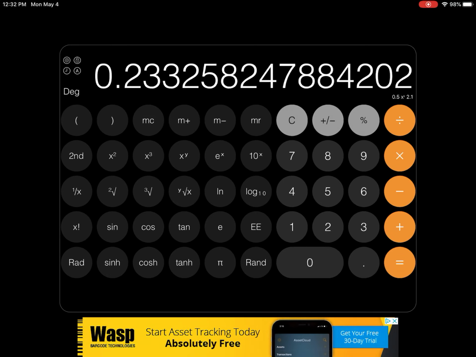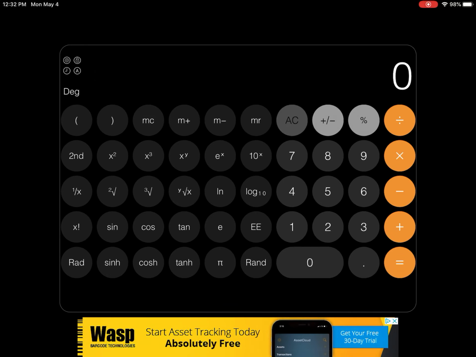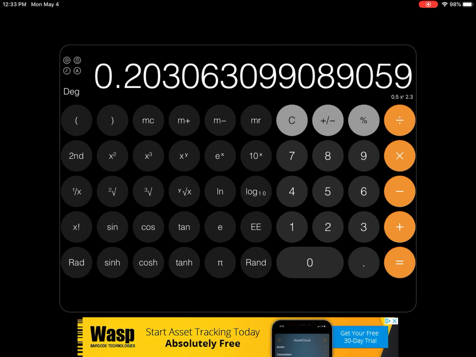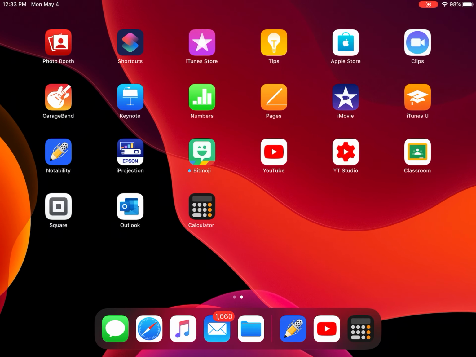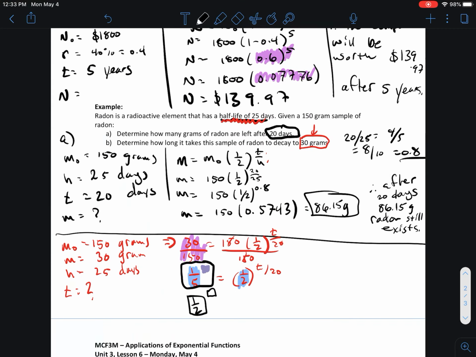So it's pretty close to squared. 2.5 was too big. So 0.5 to the exponent of 2.1. That's closer. We're going to use 2.3. That's pretty close. My apologies. Let's go fix this now.